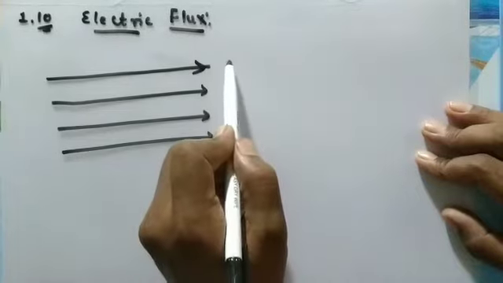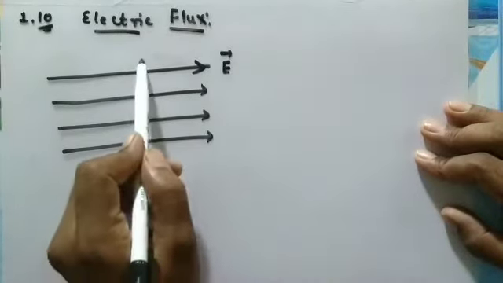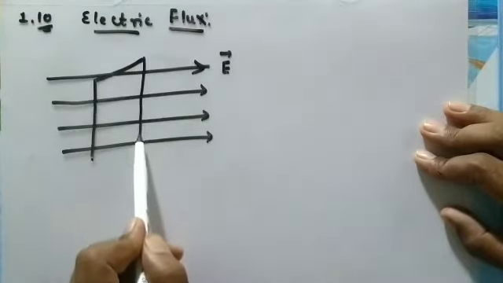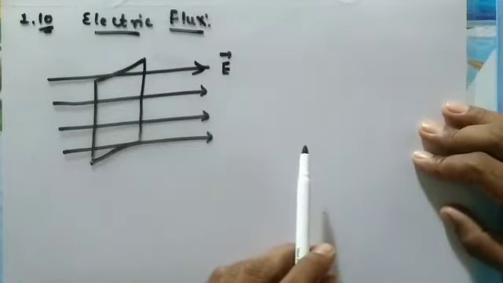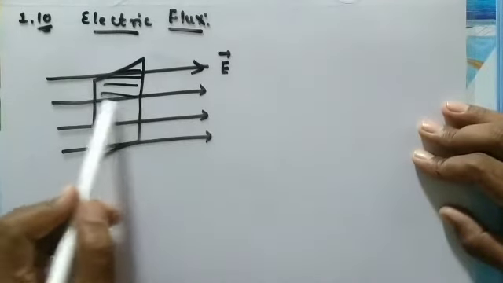Now in this electric field, if I put a surface, suppose a plain paper, now we know that this surface has some area.